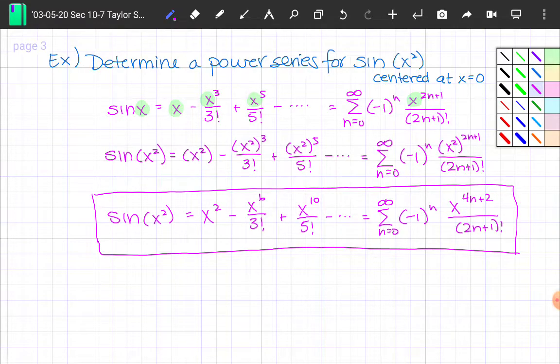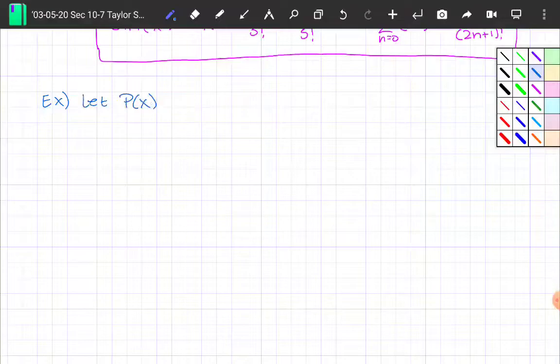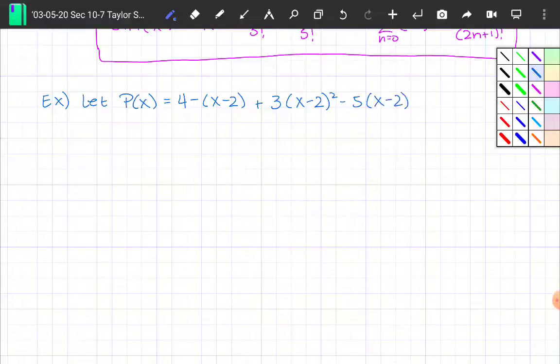All right, so another quick problem, just to show you something else we can do with these, and then we'll get into something a little more meaty. Let a polynomial p of x equal 4 minus (x minus 2) plus 3 times (x minus 2) squared minus 5 times (x minus 2) cubed be a Taylor polynomial.